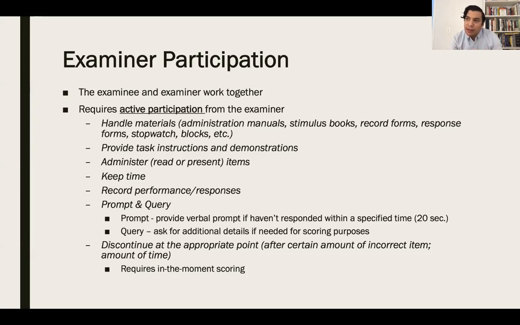I'm thinking of some of the vocabulary tests in which you can receive a perfect score, a partial credit, or no credit. Discontinuing means that the examinee has to have a certain amount of incorrect responses. And so judging whether something is incorrect or receives partial credit can be a little tricky and requires in-the-moment scoring so that we can discontinue at the appropriate point.